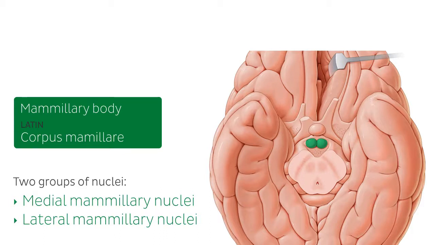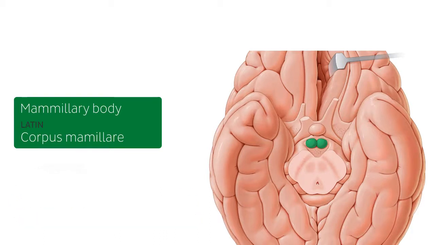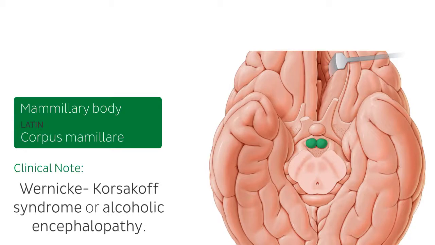I would like to take this opportunity and make a clinical note associated to the mammillary bodies. Now, the mammillary bodies demonstrate characteristic pathology in a clinical condition which is called the Wernicke-Korsakoff syndrome or alcoholic encephalopathy. Now, this syndrome is very common among alcohol abusers, and it is actually a manifestation of vitamin B1 or thiamine deficiency.